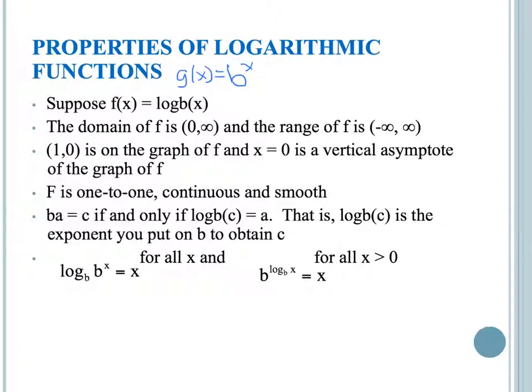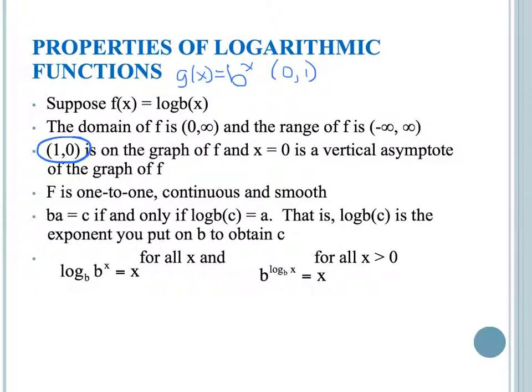But what's happening here is all of our original properties for the exponential are getting flip-flopped for the logarithm. So for instance, the ordered pair that we worked so hard on, 0, 1, that was common to all of our exponentials, now it's 1, 0.